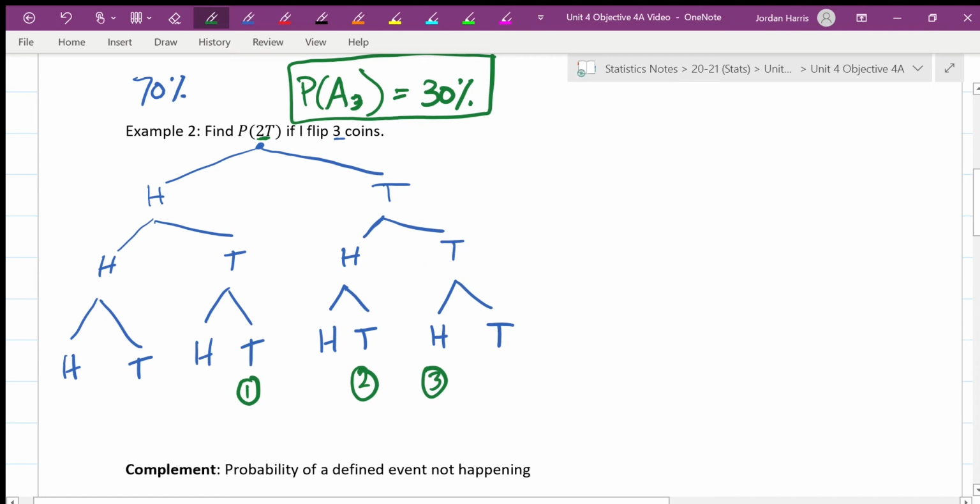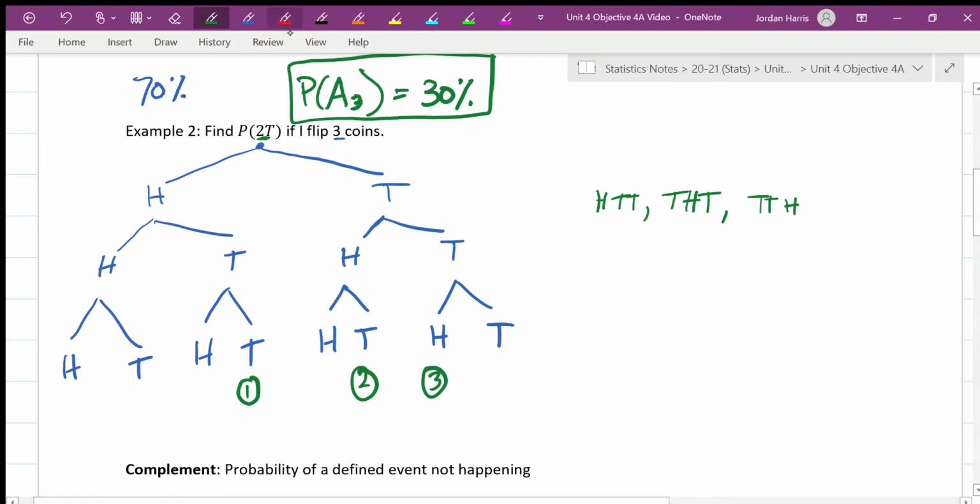It's 3 tails. Okay, so notice how I'm using these branches. You need to understand it. Heads, heads, heads. That's first coin heads, second coin heads, third coin heads. Then heads, heads, tails. First heads, second heads, third tails, and so on. Notice how I'm using this. So I have 3 options. Heads, tails, tails. Tails, heads, tails. And tails, tails, heads.